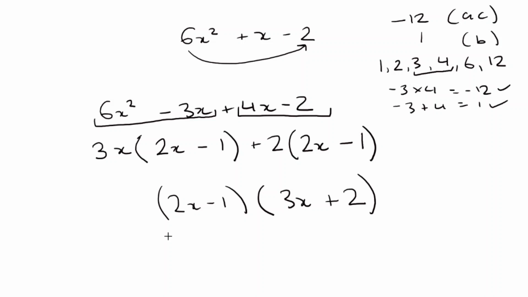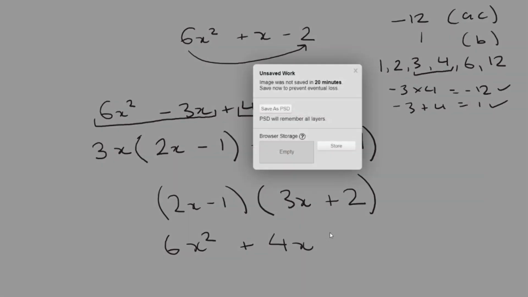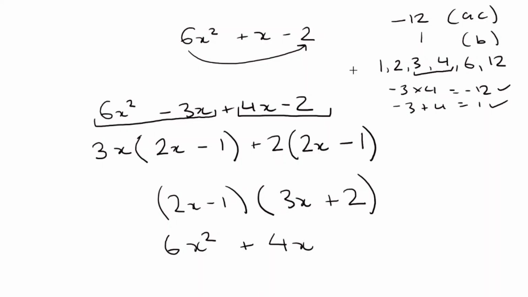So 2x into 3x is 6x squared, plus 2x into 2, which is 4x, minus 1 into 3x, which is minus 3x, and minus 2. So simplifying that, we get 6x squared plus x take 2. And we're back at it. So that means we have done this correctly.